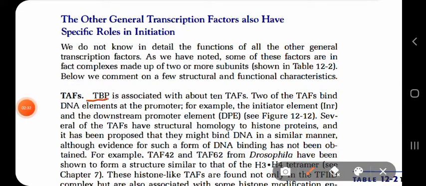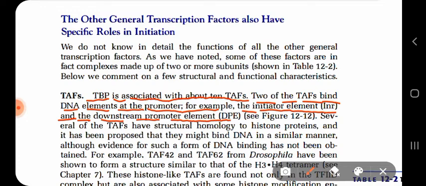So TBP, or TATA box binding protein, is associated with about 10 TATA box binding protein associated factors. Two of these bind DNA elements at the promoter, like the initiator element present in the promoter region, also known as the INR region, and the downstream promoter element.